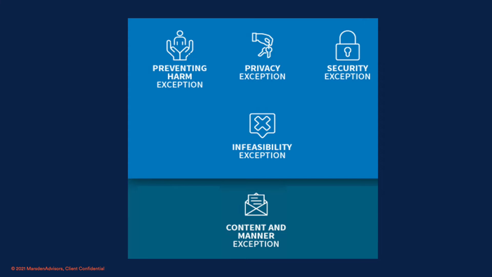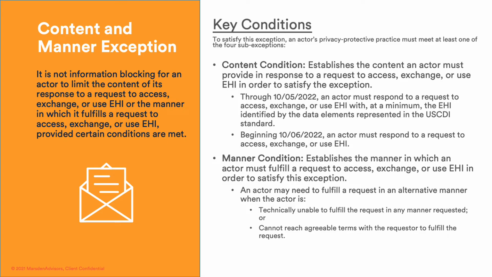First up is the content and manner exception. The content and manner exception states that it's not information blocking for you to limit the content of your response to a request for access, exchange, or use of EHI, or to limit the manner in which you fulfill a request to access, exchange, or use EHI, provided certain conditions are met. The 2 main conditions are the content condition and the manner condition.